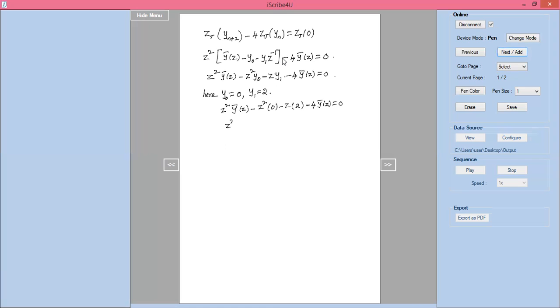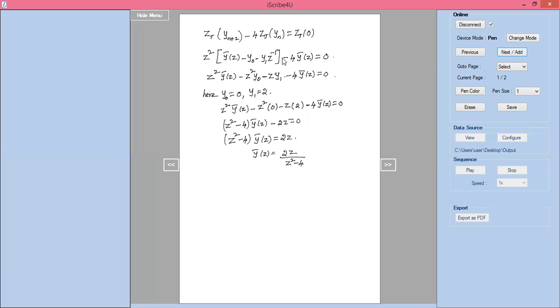Now Z square minus 4 into y bar of Z minus 2z equals 0. So Z square minus 4 into y bar of Z equals 2z. Now y bar of Z equals 2z divided by Z square minus 4.